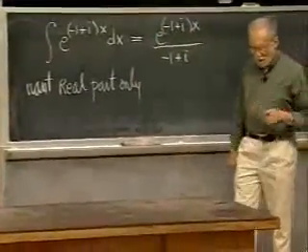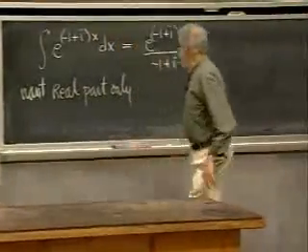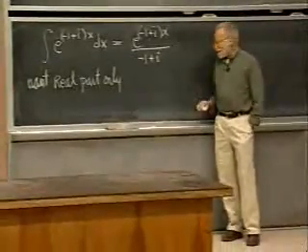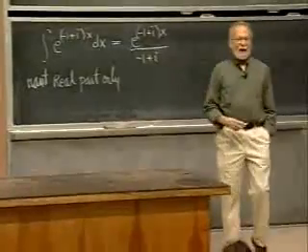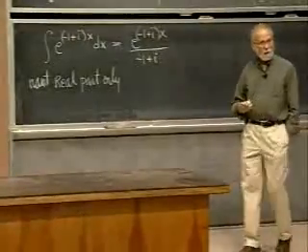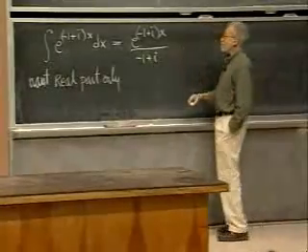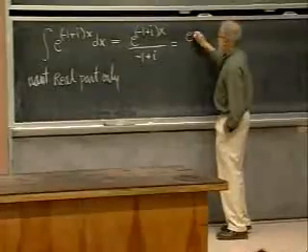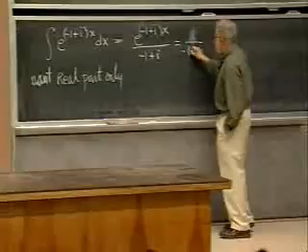Now, this is what separates the girls from the women. This is why you have to know how to divide complex numbers. So watch how I find the real part. I write it this way, 1 over minus 1 plus i.